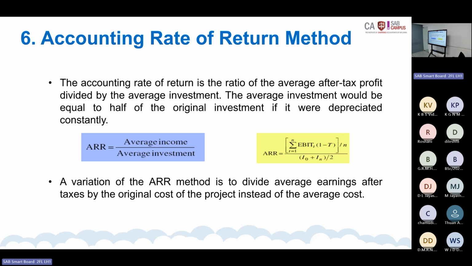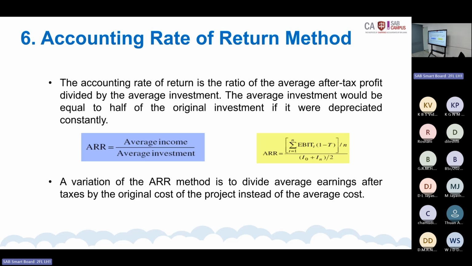investment. How can you calculate the average investment? Opening investment plus the ending investment. What are the ending investment cash flows that you are receiving? Working capital, and sometimes you might have the stock balance. So you have to consider both, identify the opening investment value and the closing investment value, and divide by 2 to give the average investment.